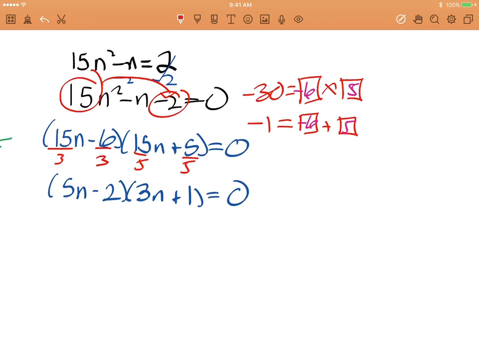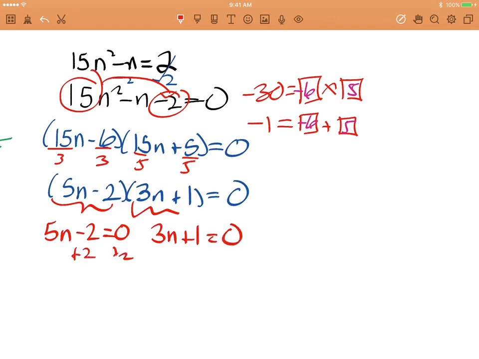Now let's play our little game here. Make each of these equal to 0. So 5n minus 2 equals 0, and 3n plus 1. What makes each of these equal to 0? Let's add 2 to each side, so I get 5n equals positive 2. And minus 1 on this side, I get 3n equals negative 1.